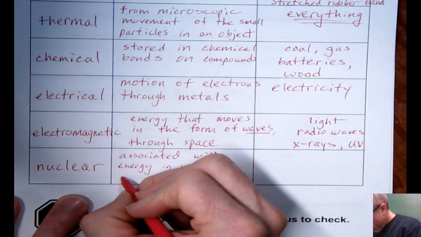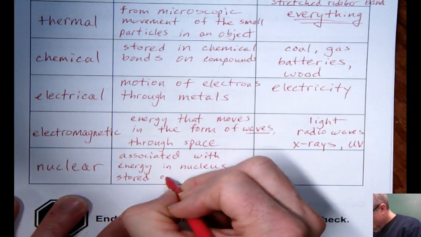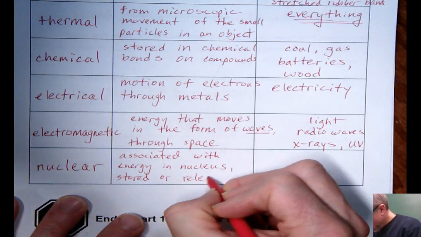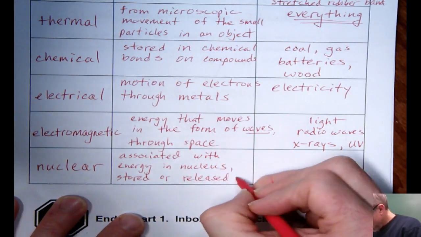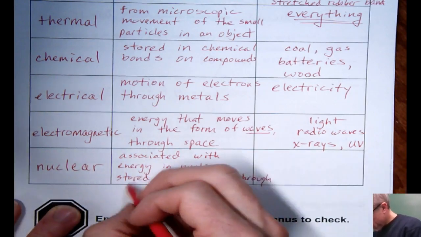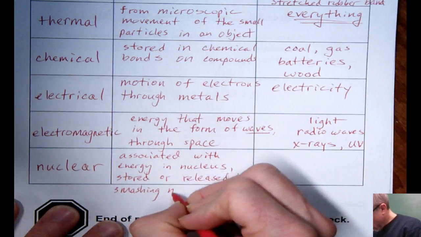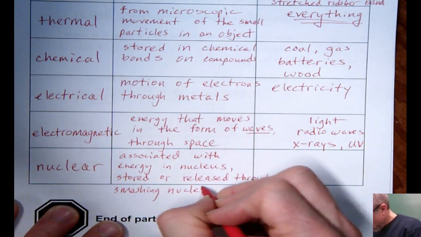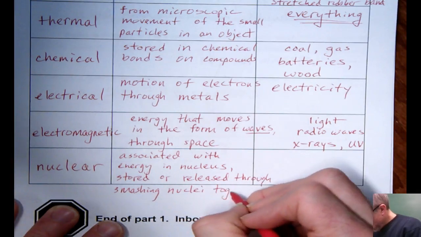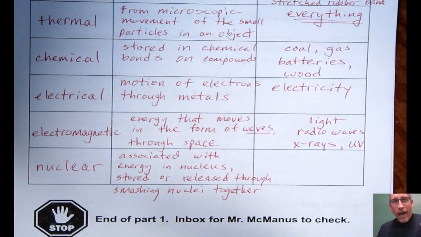And this can be stored or released through smashing nuclei together. We call that a nuclear reaction, where we take two atoms, we actually smash them together, and we form an entirely new element, an entirely new atom.